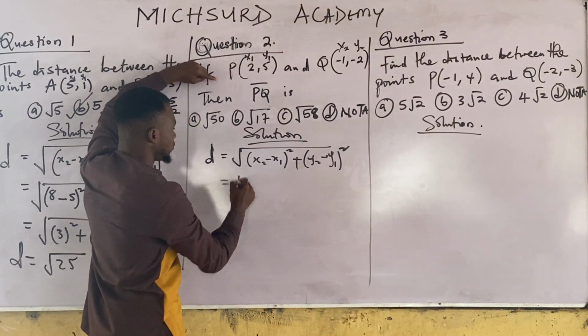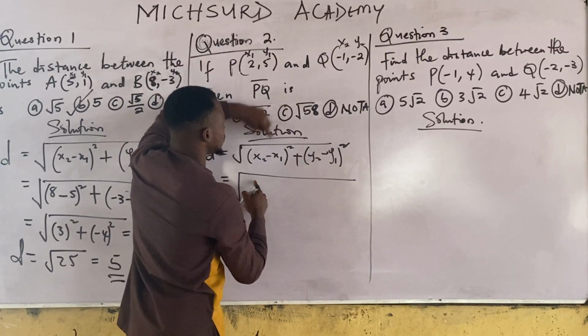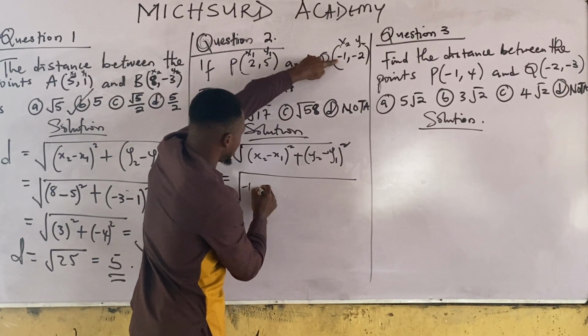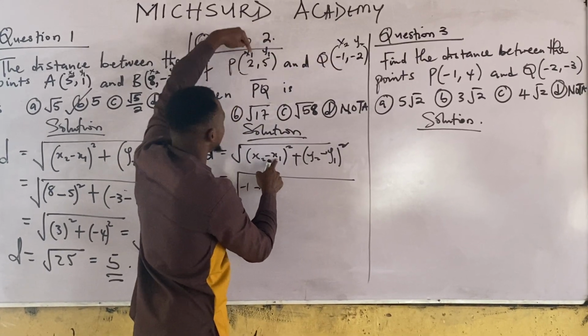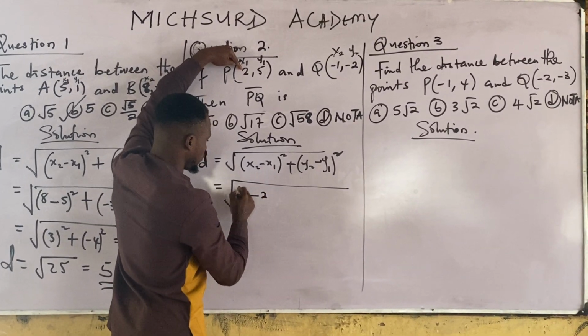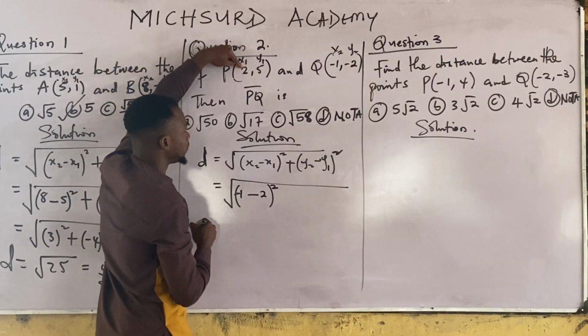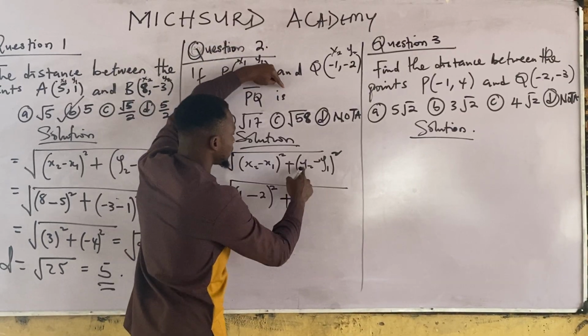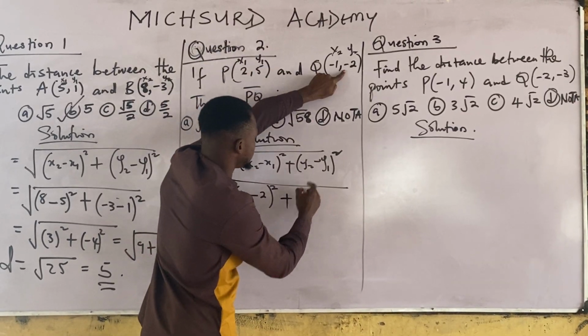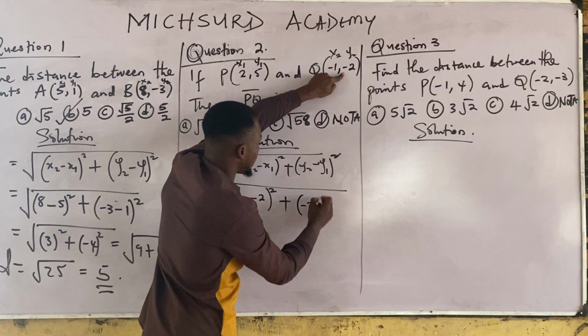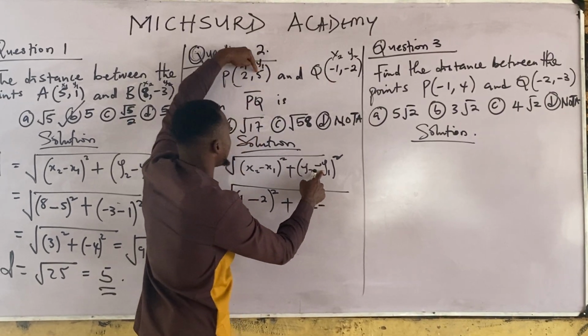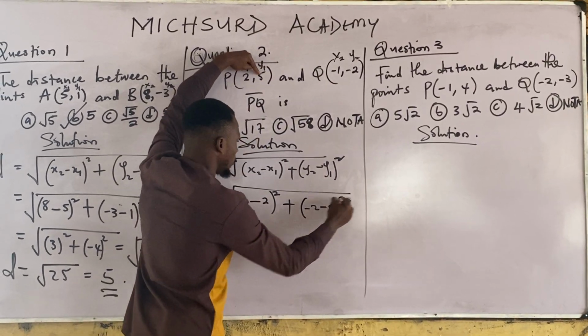If we substitute, our x2 is minus 1, then minus x1. x1 is 2. Remember, we take the square of both, then plus y2. y2 is minus 2, then minus y1. y1 is 5, all squared.